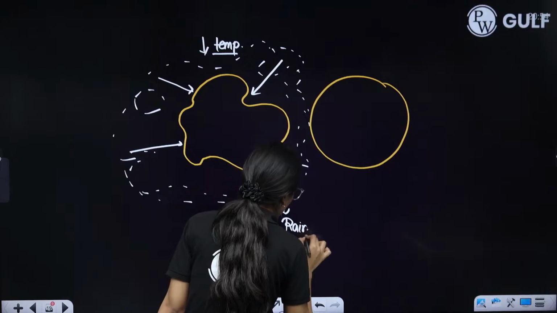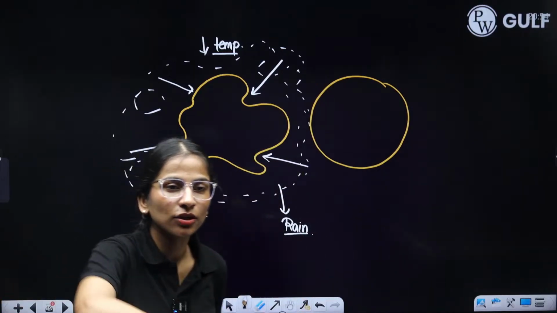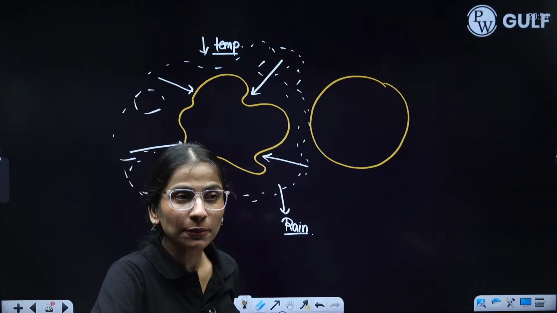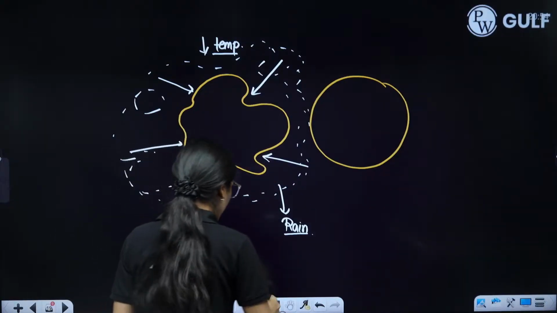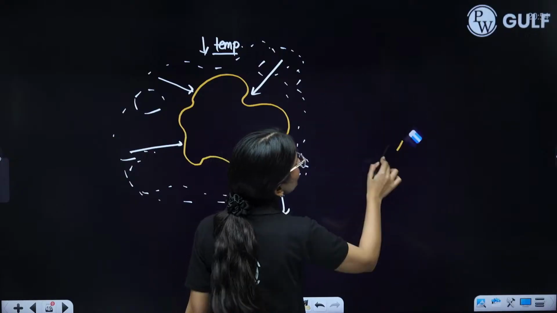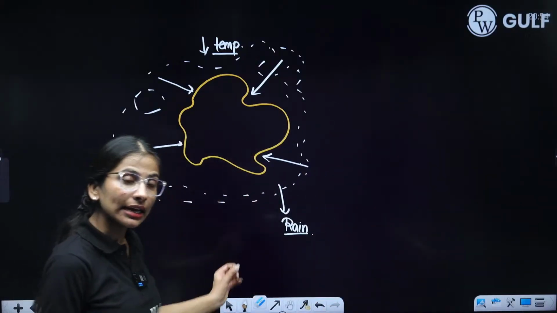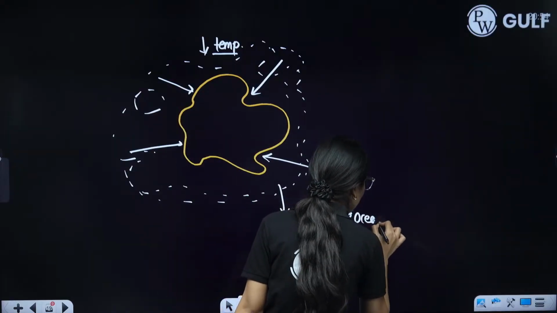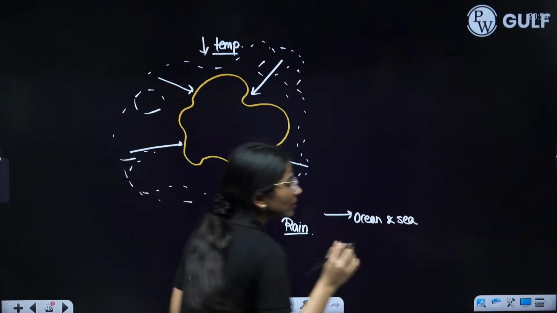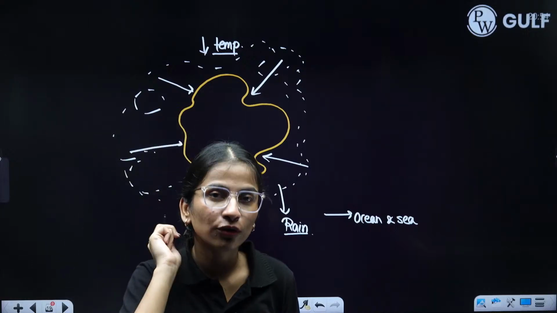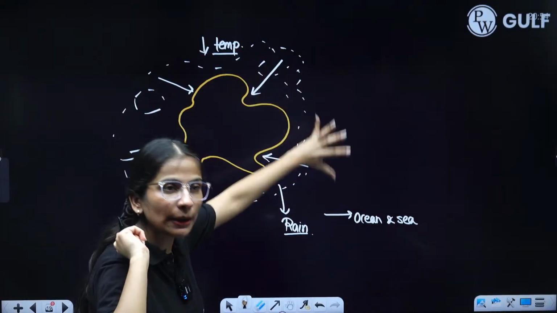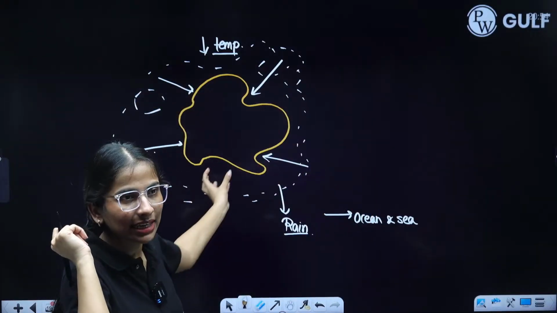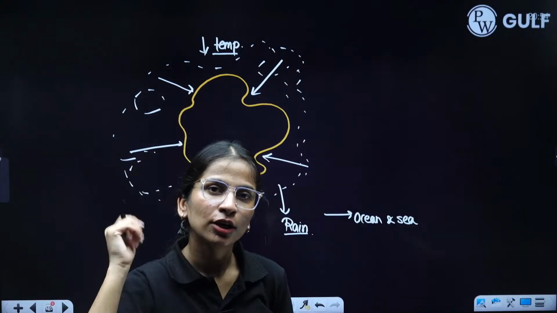Okay, as the temperature was cooling down, rain on our Earth started, and that rain lasted for many years. It rained for millions and millions of years on our Earth, and hence we have oceans today. The oceans and seas that we see today are a result of millions of years of rain of that water vapor that was earlier present in our atmosphere, and that rain fell into these craters and filled them, forming our oceans and seas.